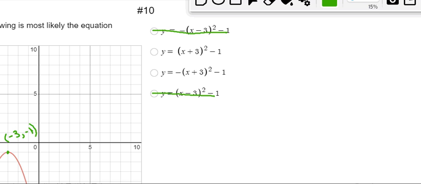So we're looking at +3 and -1. But which one is it? Now we need to recognize that our parabola is opening down, so that means it's going to have a negative leading coefficient. So it is y equals negative quantity x plus 3 squared minus 1.